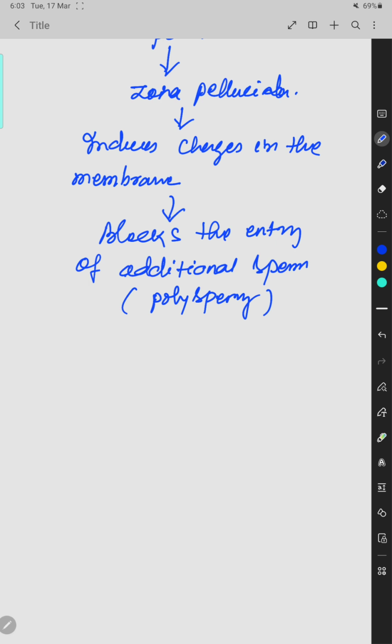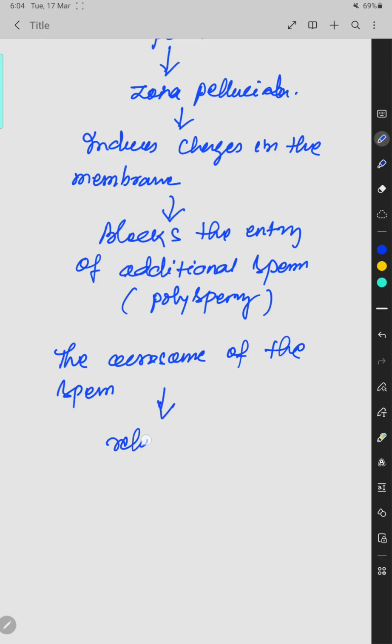The polyspermy is prevented. Now how will this sperm penetrate into the ovum? The acrosome of the sperm releases a hydrolytic enzyme known as hyaluronidase.